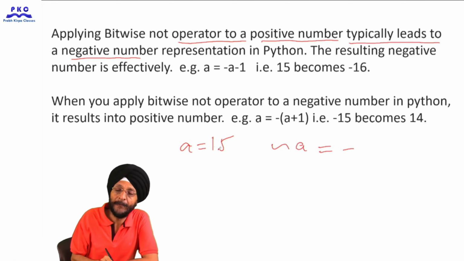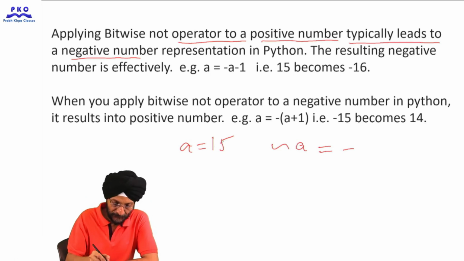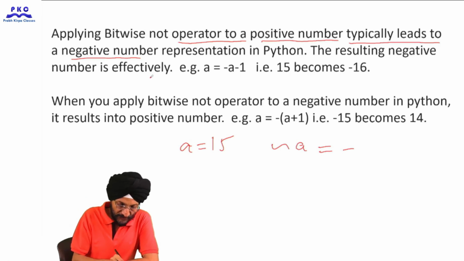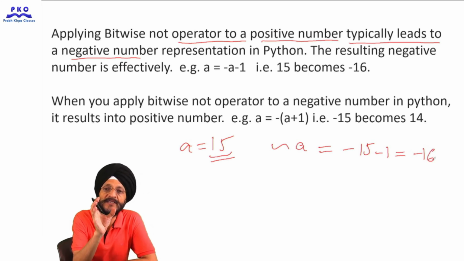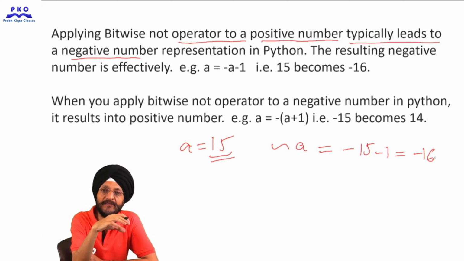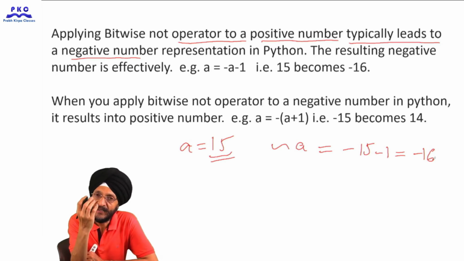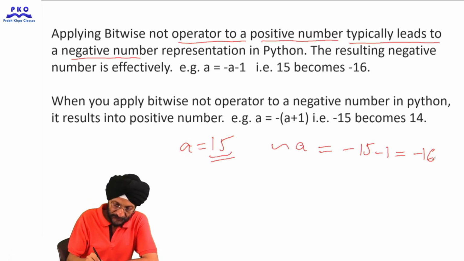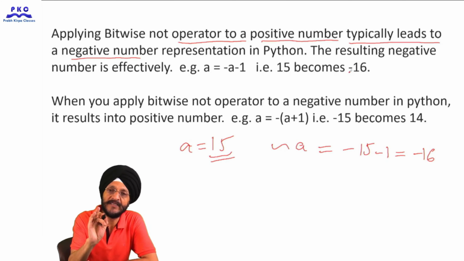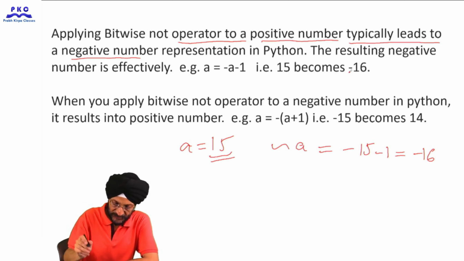The resulting negative number is effectively minus a minus 1. That is, here the value of a is 15, minus 1, it becomes minus 16. So if the decimal value is positive, it will become negative, and it will also be increased by one. 15 has become 16, and it has become a negative value.